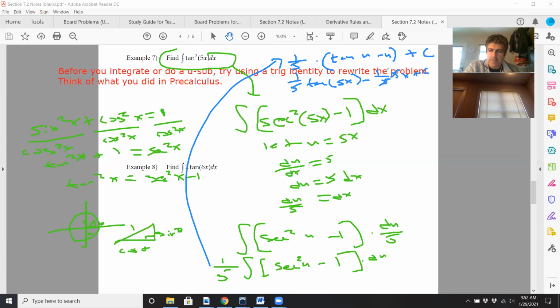The 5's cancel, so it's 1/5 tan 5x minus x plus c.